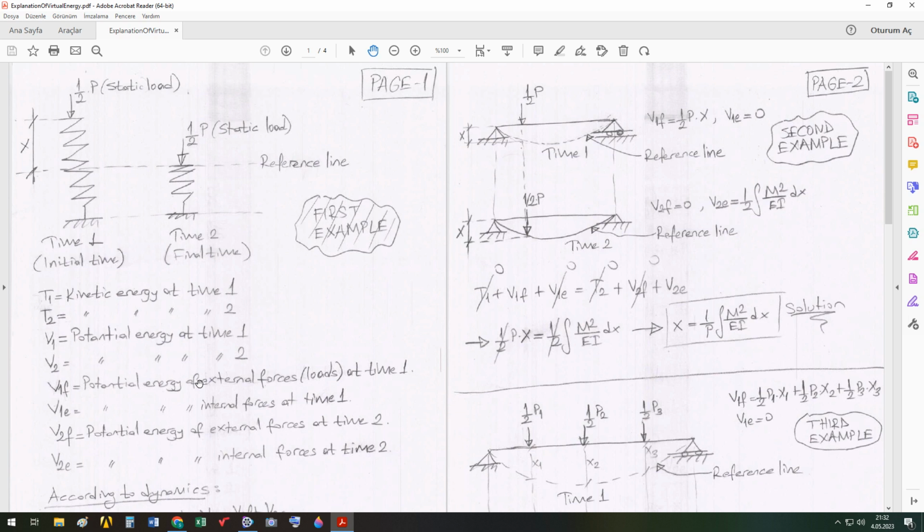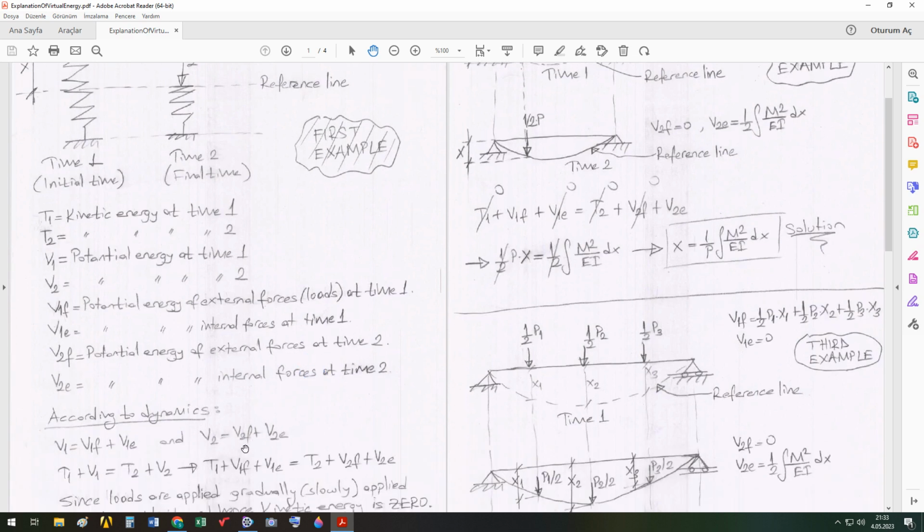Here the structure is the spring. So V1 is composed of V1F and V1E. V1F is the potential energy because of external forces at time 1, and V1E is because of internal forces at time 1. Similarly, V2F is the potential energy of external forces at time 2, and V2E is the potential energy of internal forces at time 2.